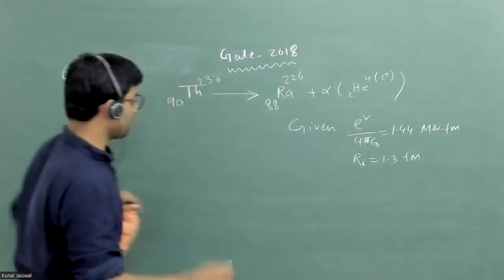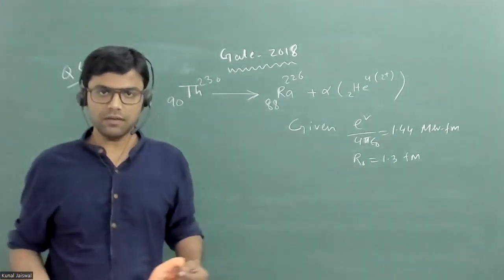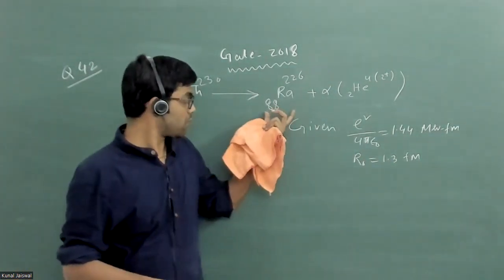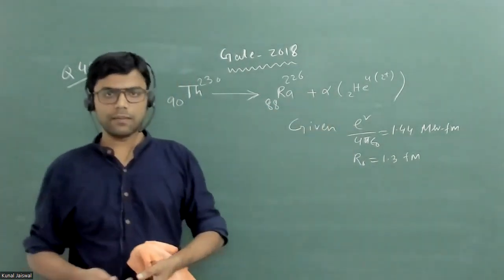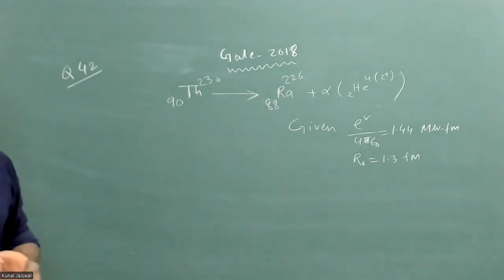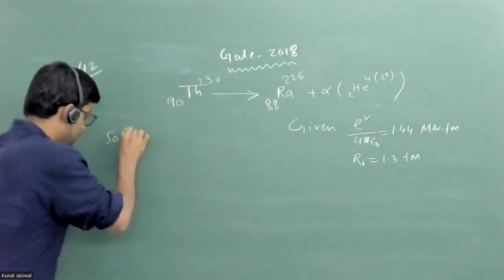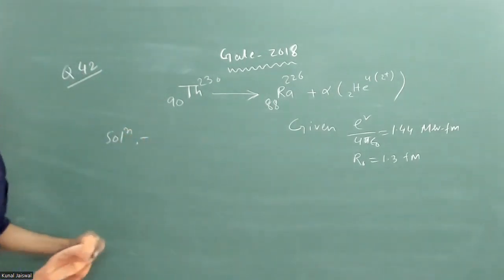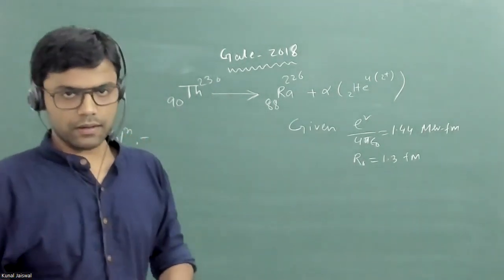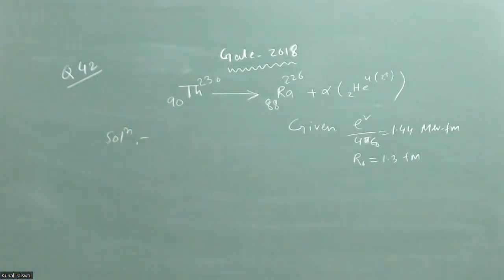So basically you have to calculate the barrier height, and it's clearly mentioned that beyond the separation between the alpha particle and daughter nucleus, only a purely Coulombic potential exists. Now, to calculate that Coulombic barrier height, first you have to draw the potential faced by the alpha particle while it is crossing out from the nucleus.